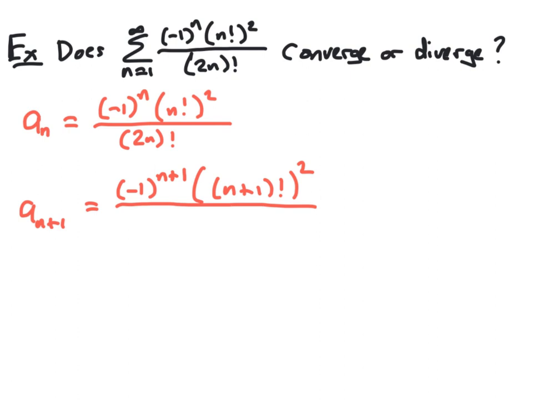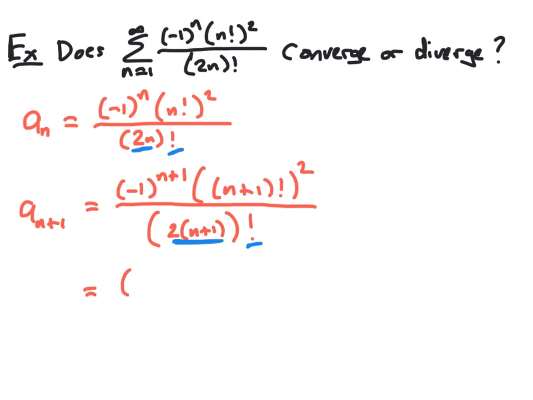And in our denominator, we're going to have (2 times (n+1)) factorial. Again, notice here that the order of the operations is important. In our original denominator, we're first multiplying n by 2 and then taking the factorial. And so in a sub n plus 1, we first have to multiply n+1 by 2 and then take the factorial.